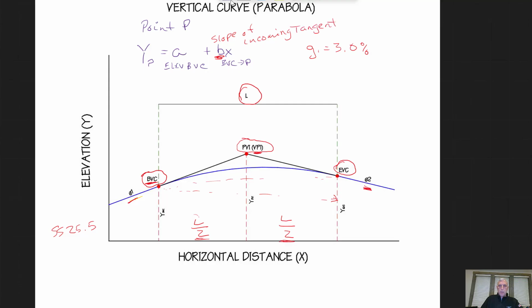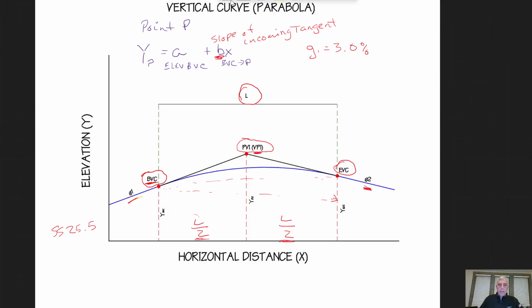Okay? And let me just, as a side note, say that right here we're looking at a curve that is concave down, or going over a hill. The same laws are true for a curve that is concave up, or going through a valley.